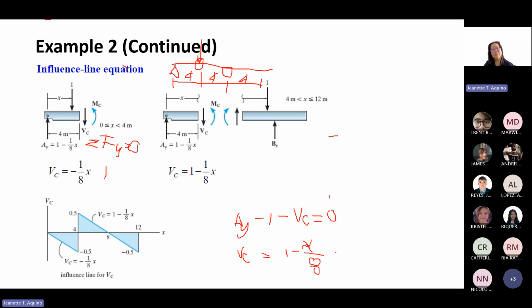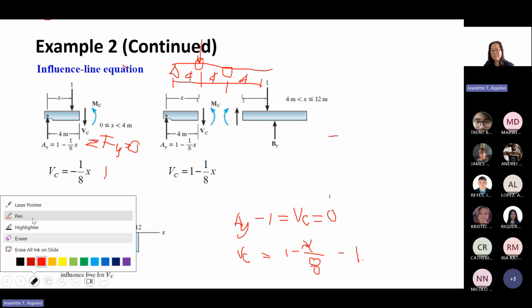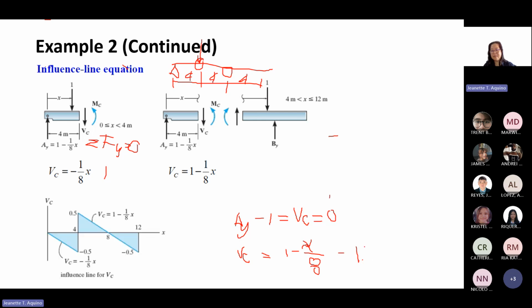And then what else? Minus AY, minus 1. If we minus 1, it will be left only negative x over 8.